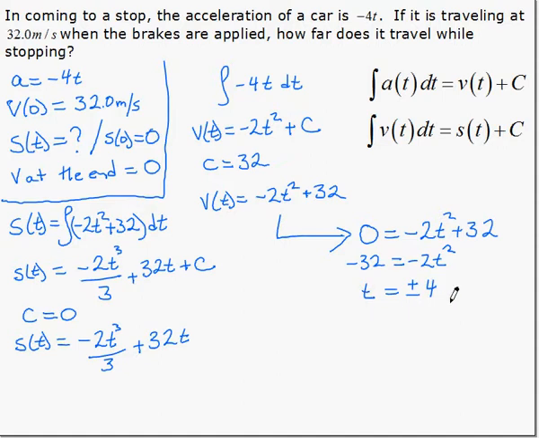If we know it takes 4 seconds to stop, we can put 4 in for t here and find how far it travels in those 4 seconds. So taking this equation now, s of 4 is equal to negative 2 times 4 cubed over 3 plus 32 times 4.